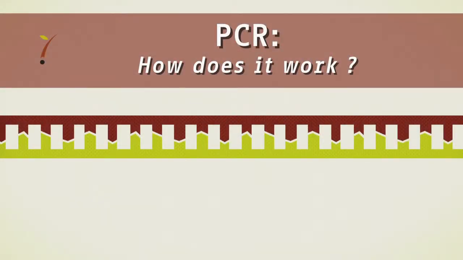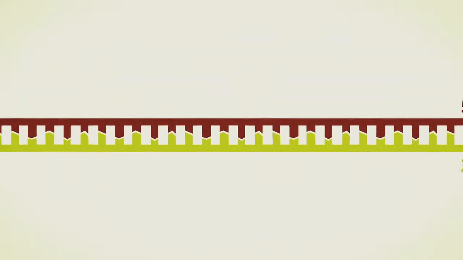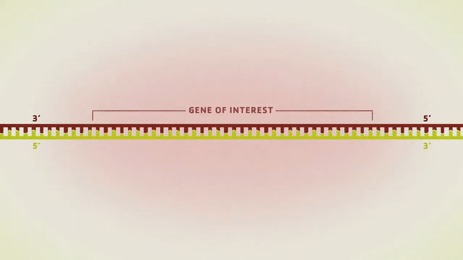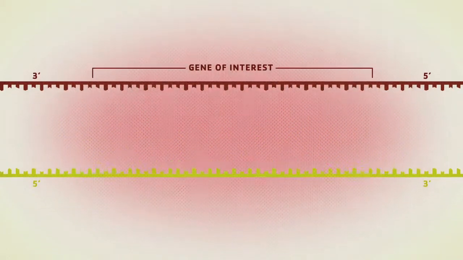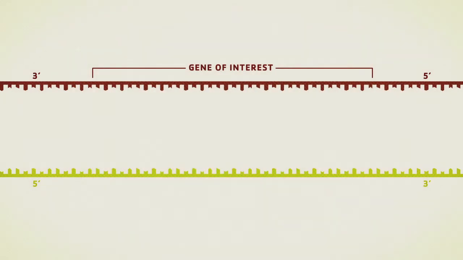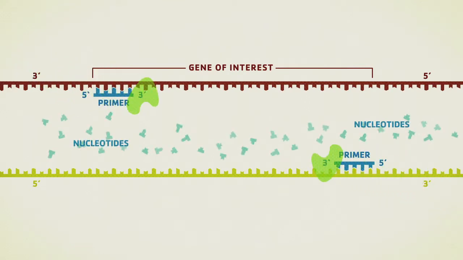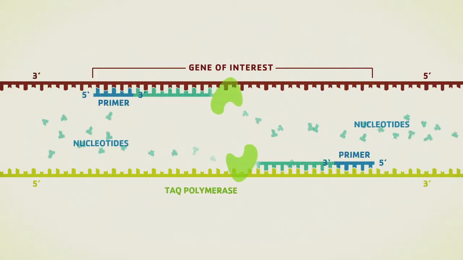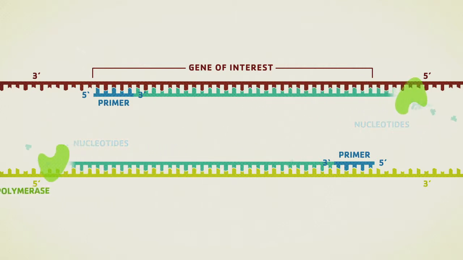DNA is isolated from the sample and heated so that the DNA double helix melts and separates into two strands. Each primer binds to the complementary DNA sequence of one of the two DNA strands. Subsequently, the enzyme Taq polymerase extends the DNA fragment by coupling bases to the primer.